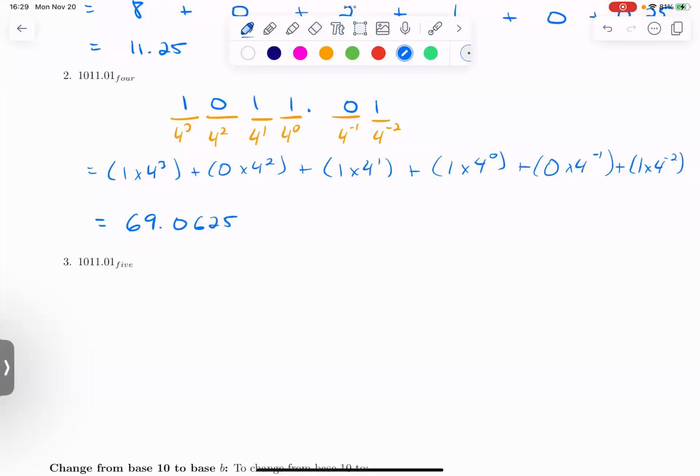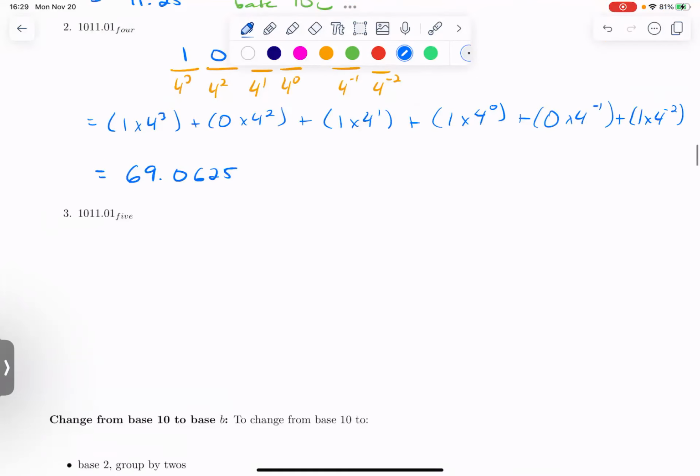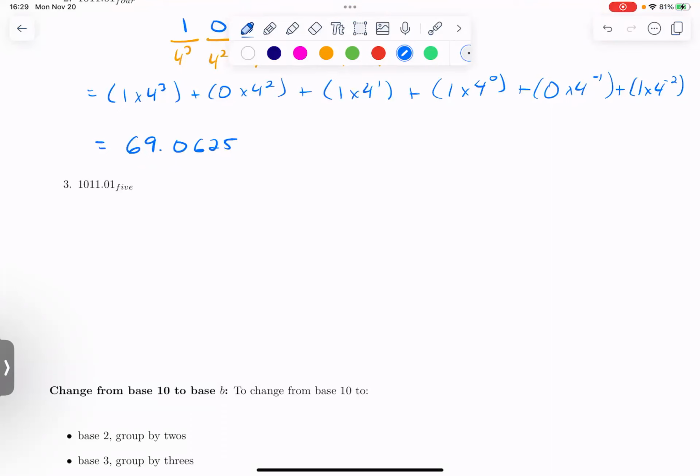Same thing, base 5, if you want to. Try it. I'll write it out, but I'm not going to read it because it's very tedious and monotonous. But I do want you to try it on your own, just to make sure you've got it.